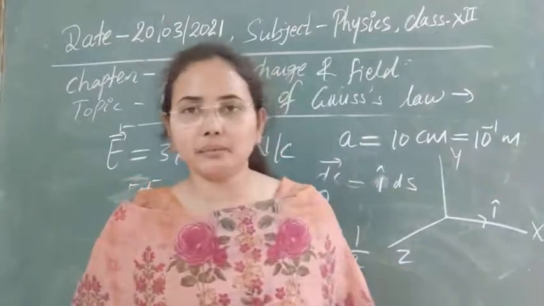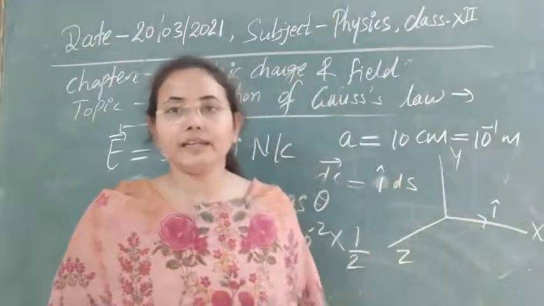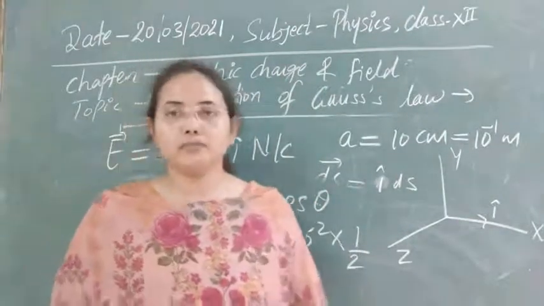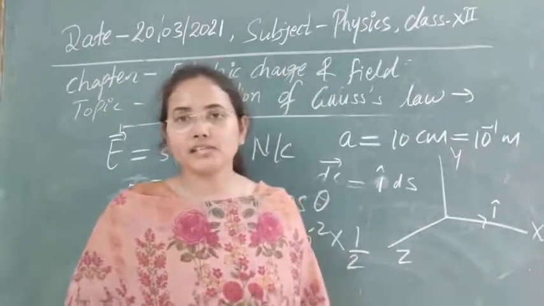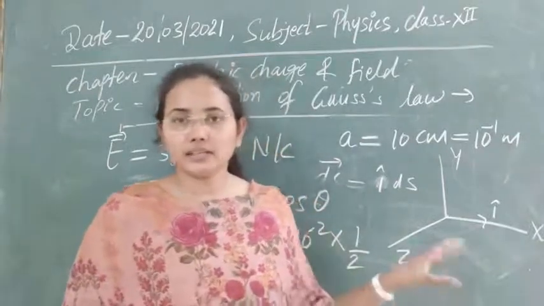So there are two examples that we have taken to calculate the flux for different kinds of surfaces. In the first case we took the example of a hemisphere, in the second case a square.